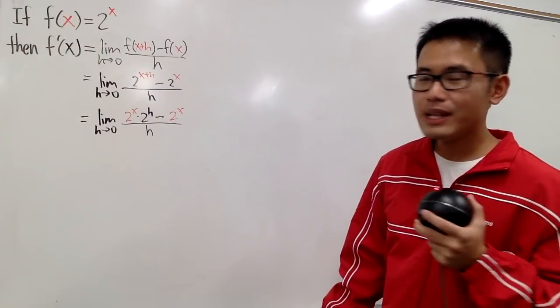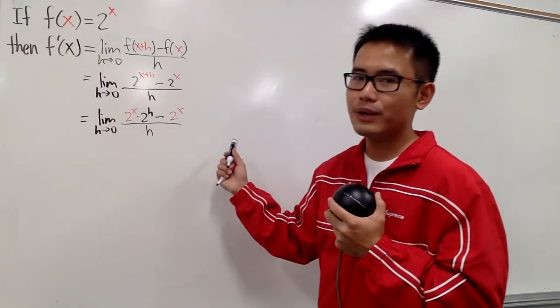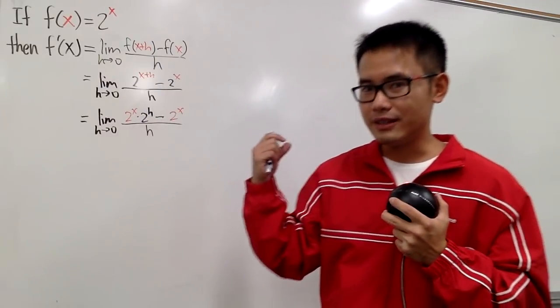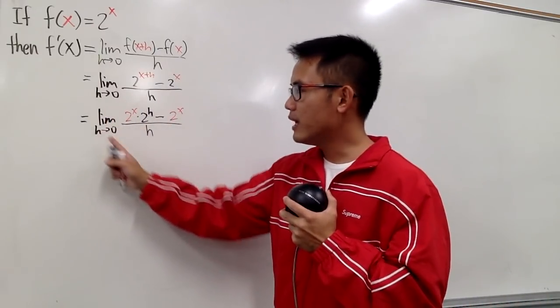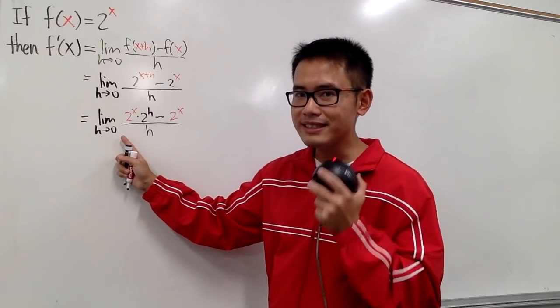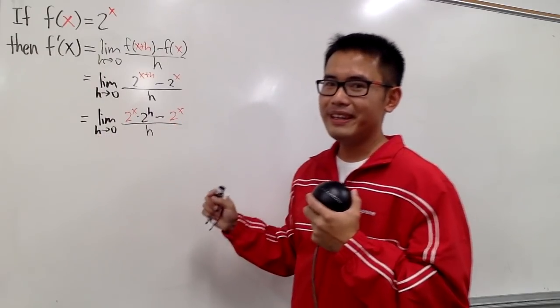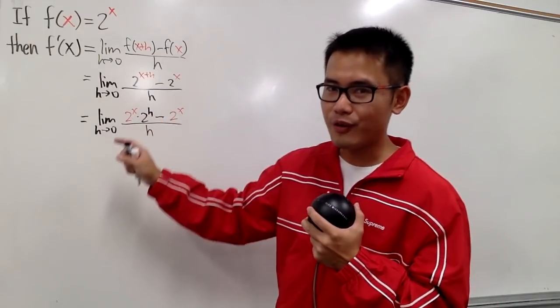Now, both of these terms on the top have 2 to the x, so we can factor the 2 to the x out. Even better, this is the limit as h goes to 0, so it has nothing to do with x. In this case, we can factor out 2 to the x all the way to the front of the limit.